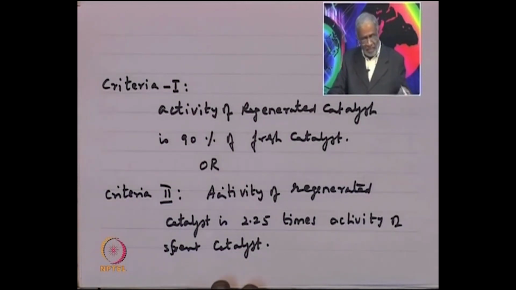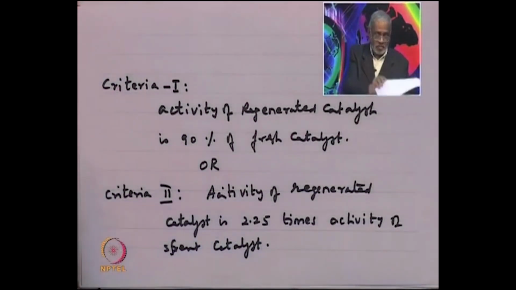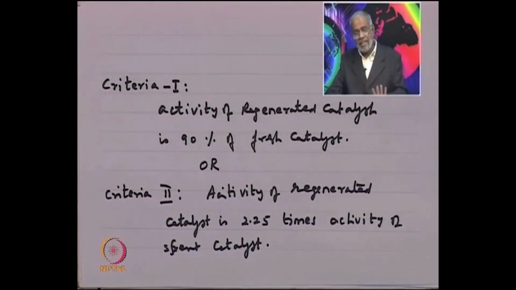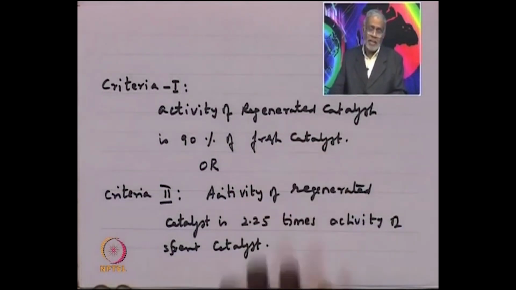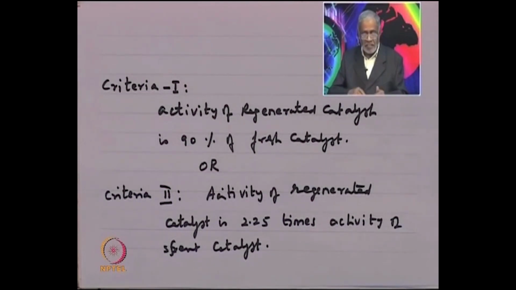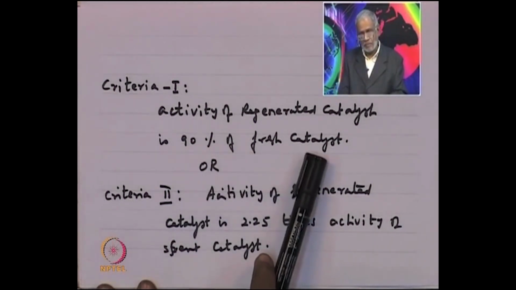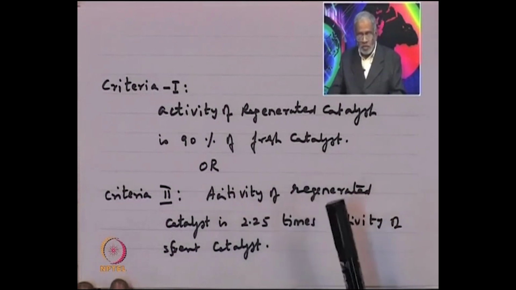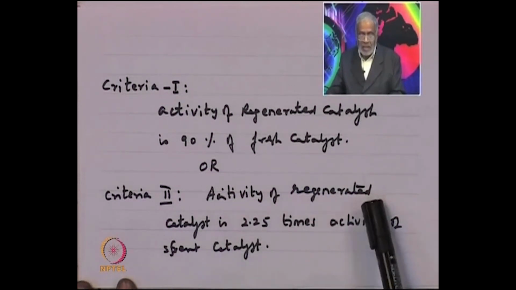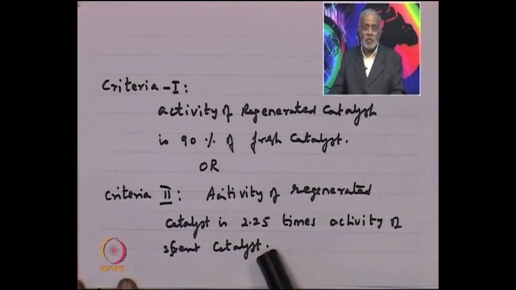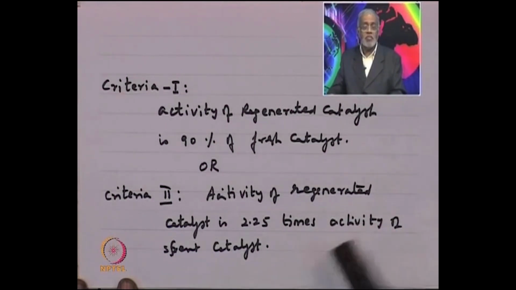So, what is being said is that the data in front of us, we have to evaluate the data on fresh catalyst, spent catalyst, regenerated catalyst with respect to the two criteria mentioned here, which means what? We must estimate the activity of regenerated catalyst based on the data given and see whether it is 90% of the fresh catalyst, or you can check the activity of regenerated catalyst and see whether it is 2.25 times or more than the activity of spent catalyst.